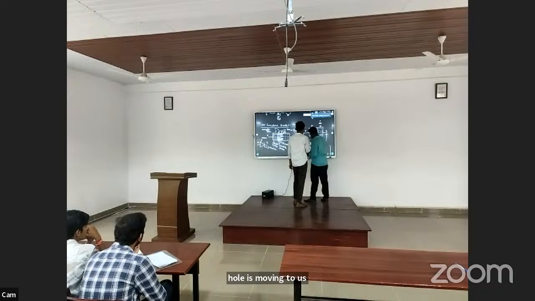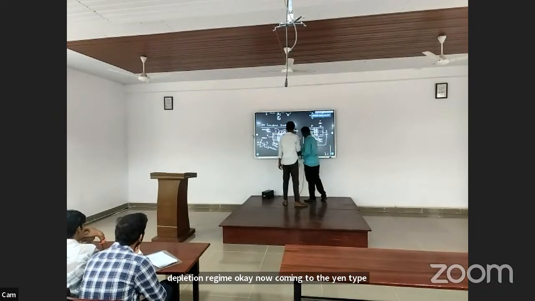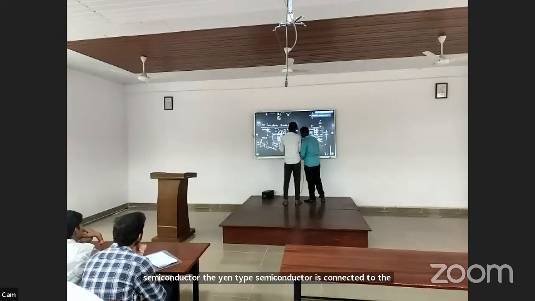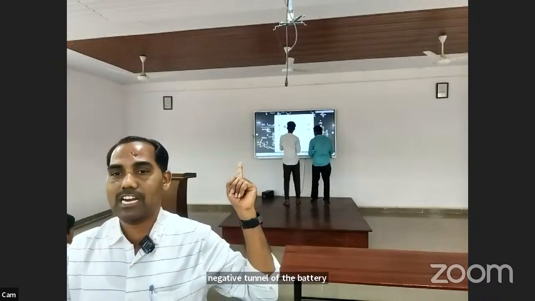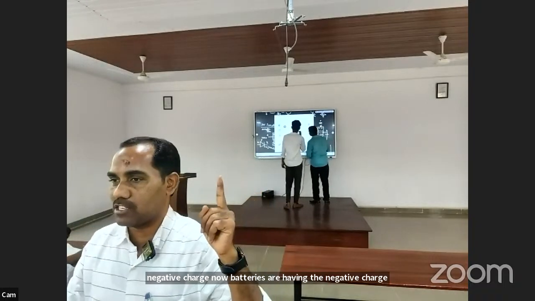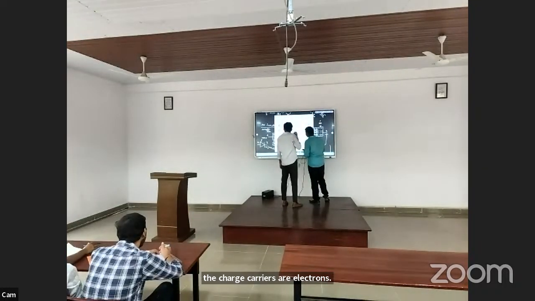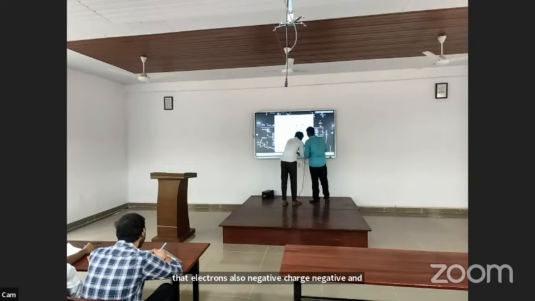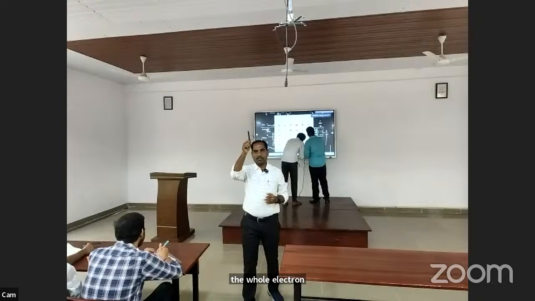Okay. Now coming to the N-type semiconductor, it is connected to the negative terminal of the battery. Right? The battery has the negative charge, and the N-type semiconductor has electrons as charge carriers. Those electrons are also negative charge. Negative and negative will repel. So this is the junction.